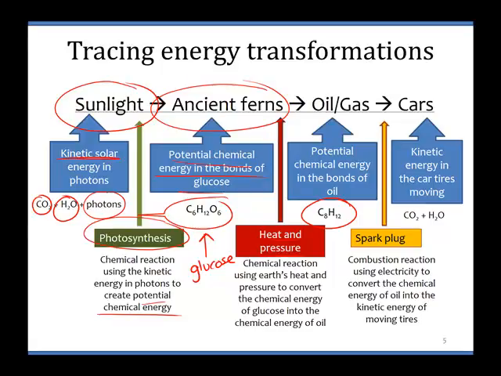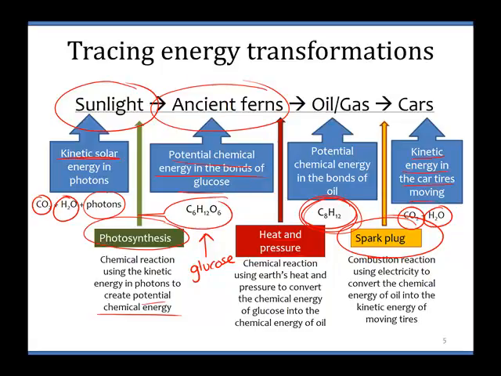And then we take that chemical potential energy in the gas, and we put it through a chemical reaction using a spark plug and convert it into CO2 and water. That's what we do in our car. Now the chemical potential energy that we release from this gasoline goes mostly towards the kinetic energy of our car tires moving.